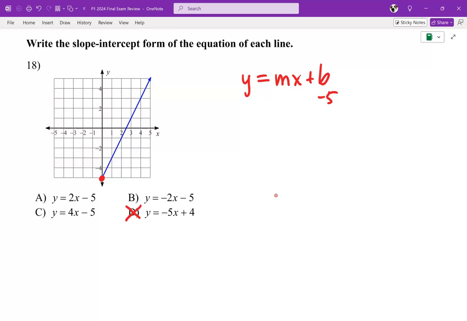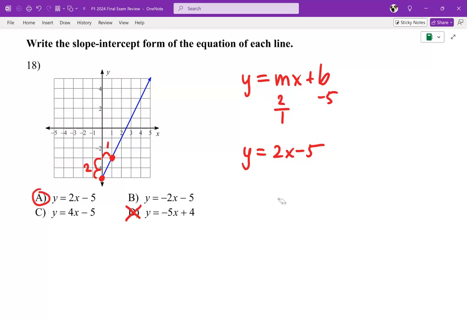Now I've got to pick another point. So I'm going to pick right here. There's a nice one right here. What's my slope from one point to the other? It's 2 up, 1 over. So m is 2 over 1. So y is equal to 2x minus 5. So it's A. And you can pick any point.